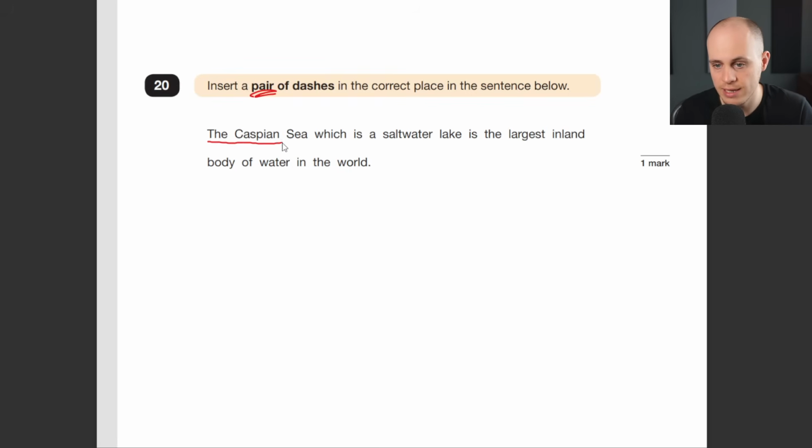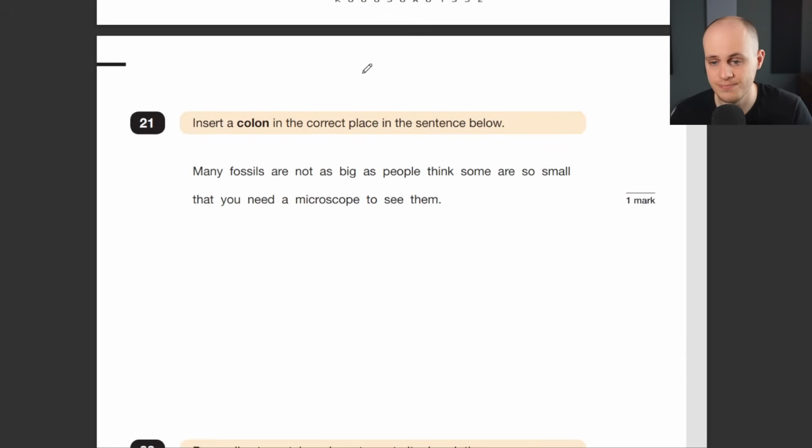So it starts here: The Caspian Sea is the largest inland body of water in the world. That makes sense by itself. Read it out loud. Which means 'which is a saltwater lake' is my extra information. So put my dashes in. Done. All right, don't put commas in by accident. I've seen that happen, or brackets. If it says dashes, use dashes.